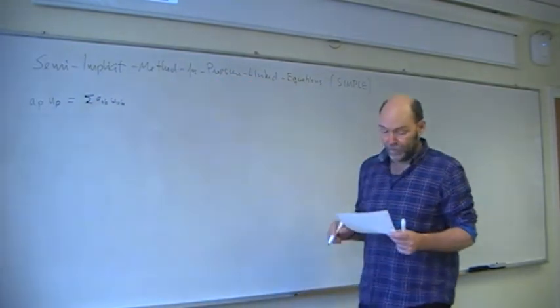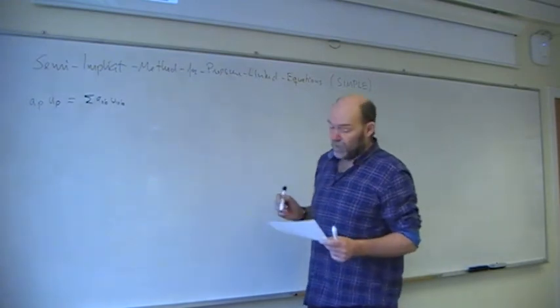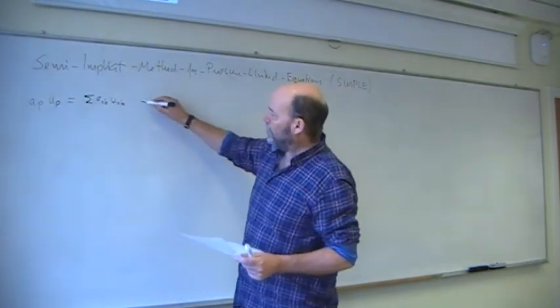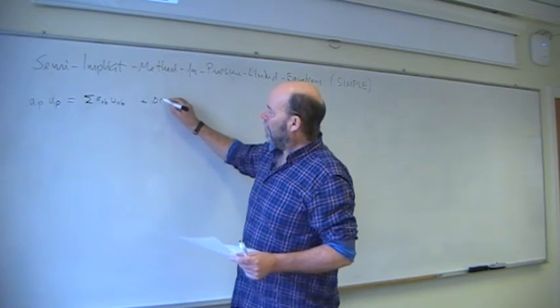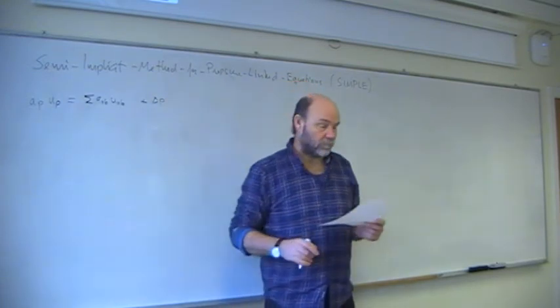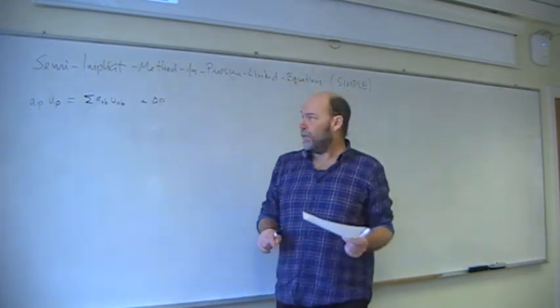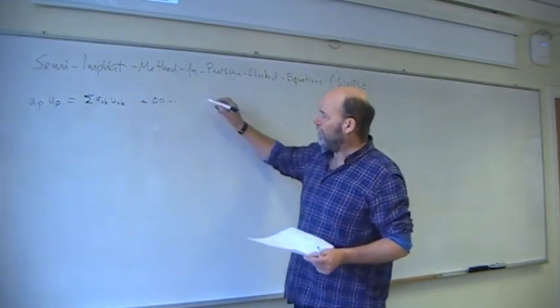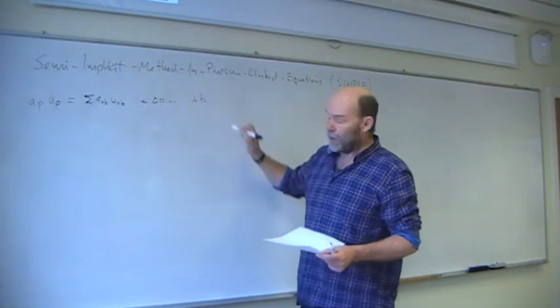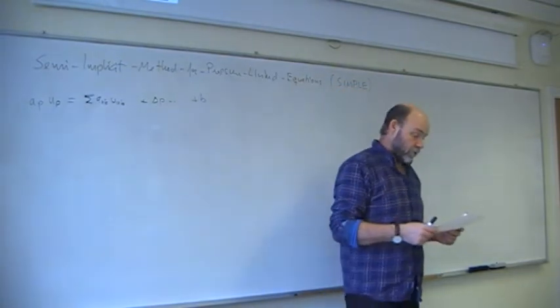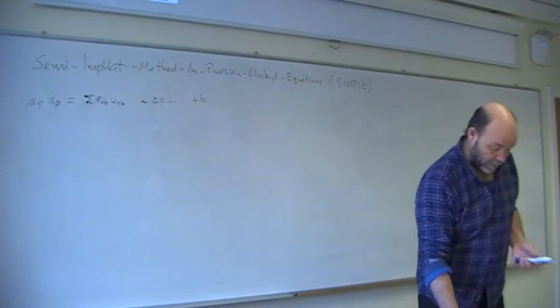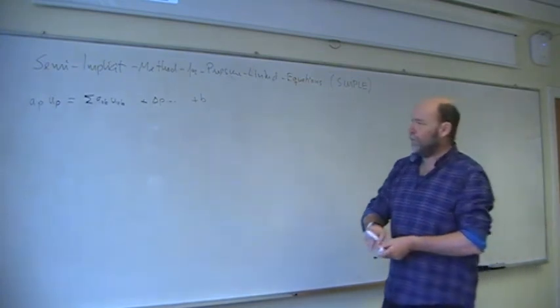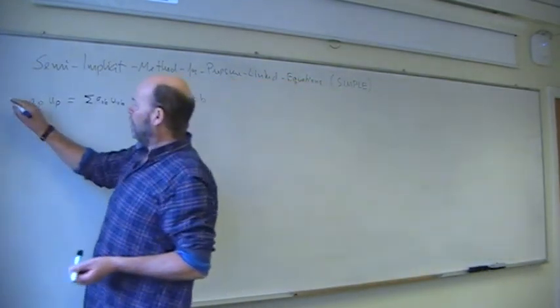Plus some pressure, delta P or just P, multiplied with some coefficients as well. And finally, if you want, you can have a constant source term. So here we have equation number 1.